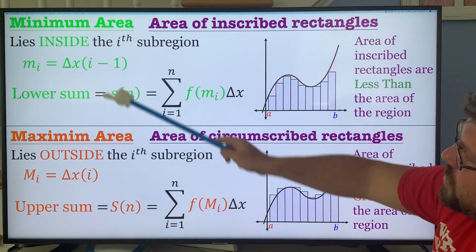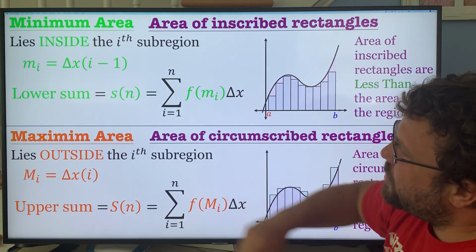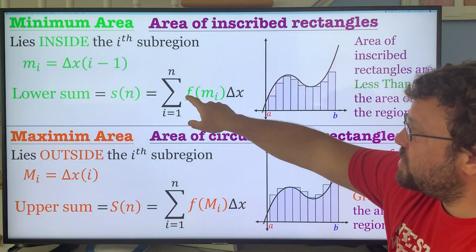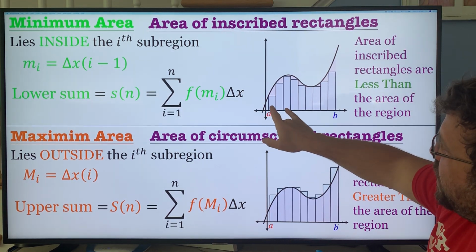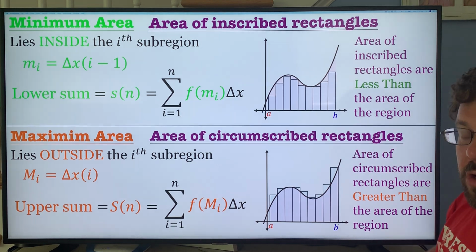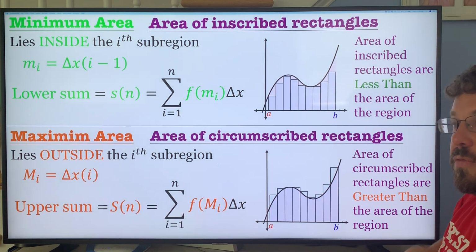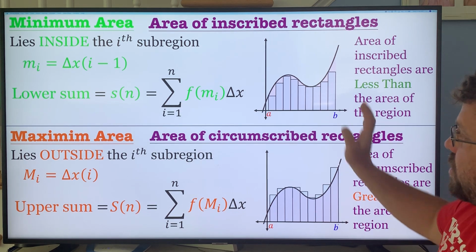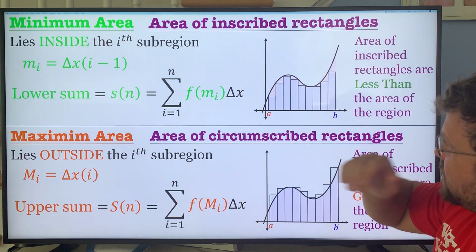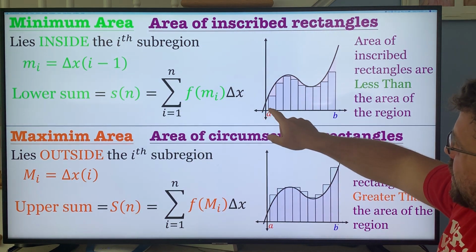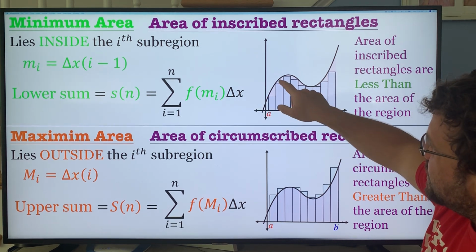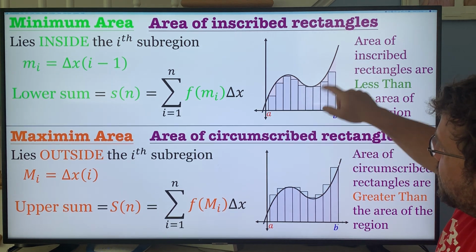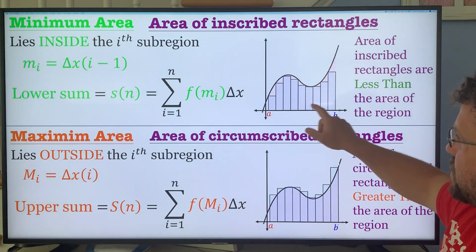Now the way to do that is, first you have to find m_i, that's what you're going to plug into the actual function, and you're going to multiply that by delta x. Now delta x is the width of each one of these rectangles, which is just b minus a over the number of rectangles, okay? They all have the same width in these cases. Now, what you're doing is pretty much finding the length times width of each rectangle, and f of m_i is going to give you all the heights of each rectangle, and delta x is all the widths, which is all the same.